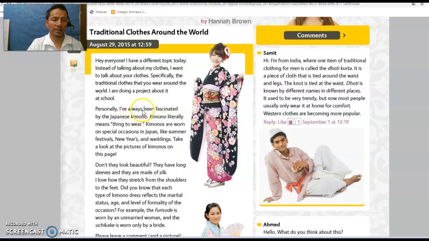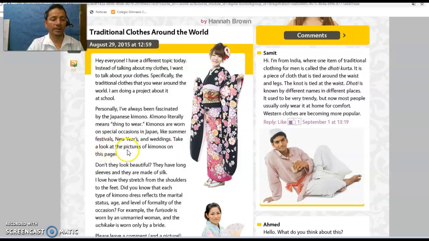Personally, I've always been fascinated by the Japanese kimono. Kimono literally means things to wear. Kimonos are worn on special occasions in Japan, like summer festivals, New Year's, and weddings.